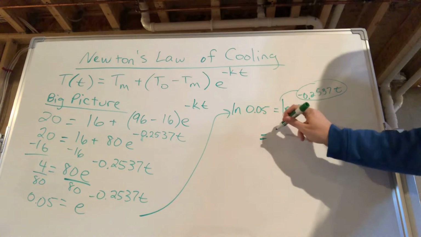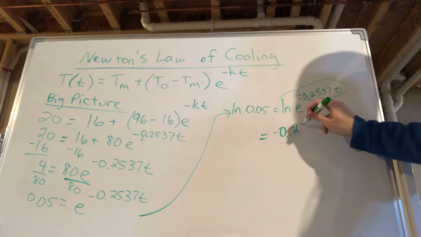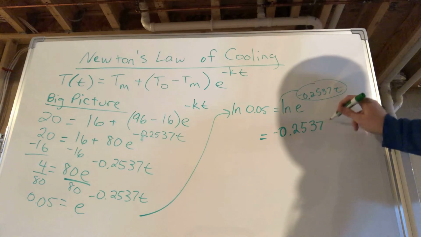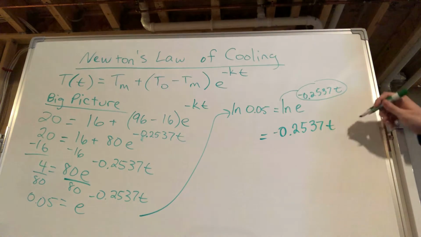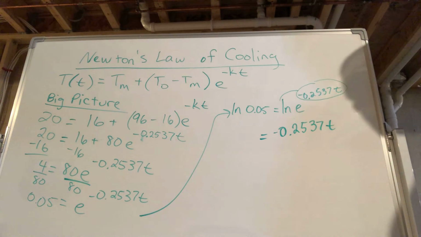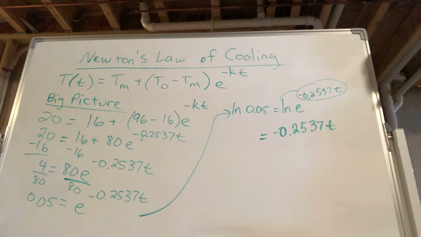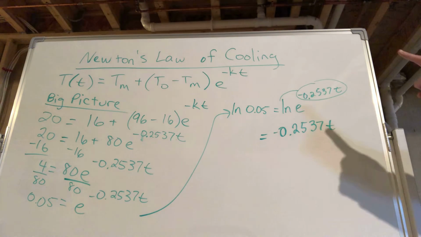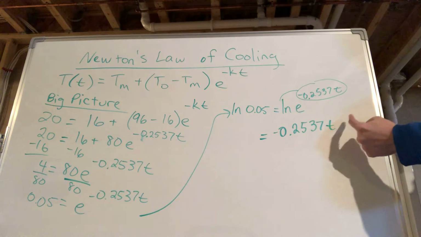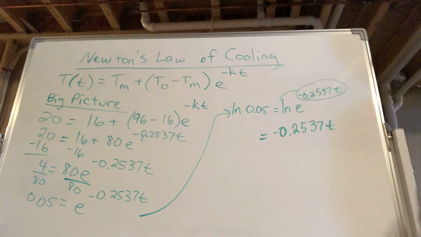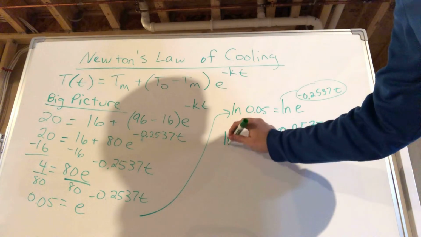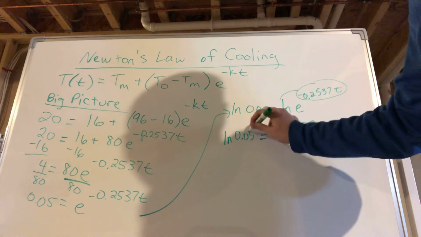So it's going to be negative 0.2537 t times ln of e. You could write that if you wanted to, but if you remember, what is ln of e? The answer is 1. So I really don't need to write it. That's just 1. ln of 0.05 on the left side.